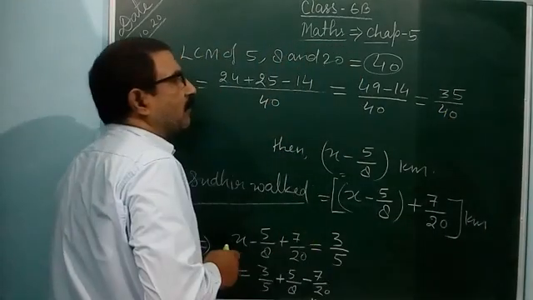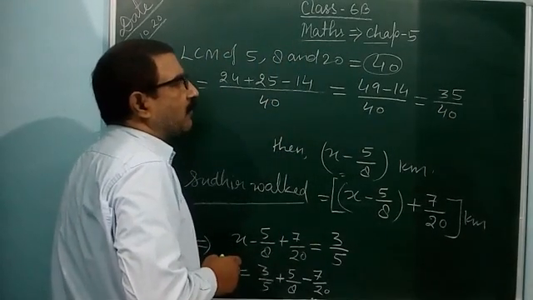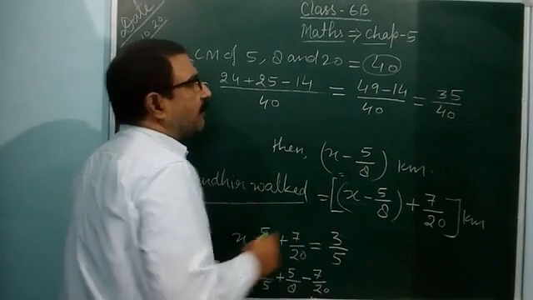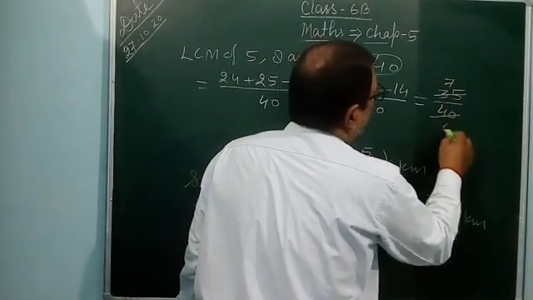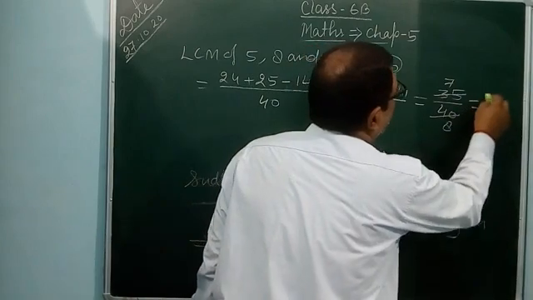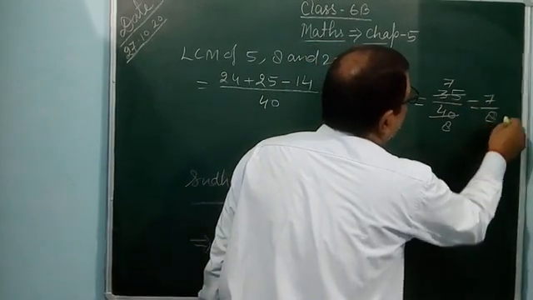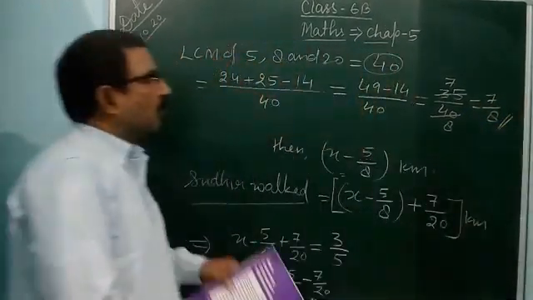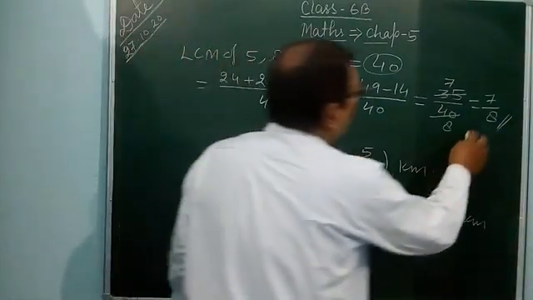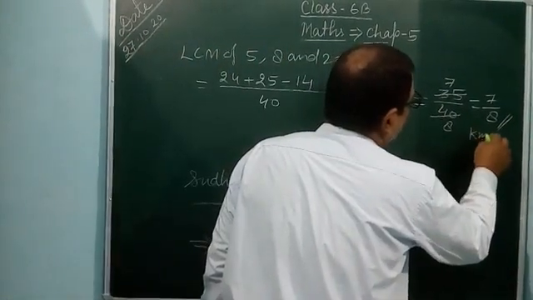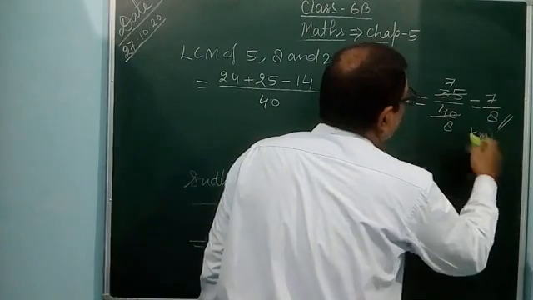Also you can solve: the HCF of 35 and 40 is 5. So 5 times 7 is 35, 5 times 8 is 40. It is 7/8. So 7/8 kilometer, you can say Rohan walked 7/8 kilometer.